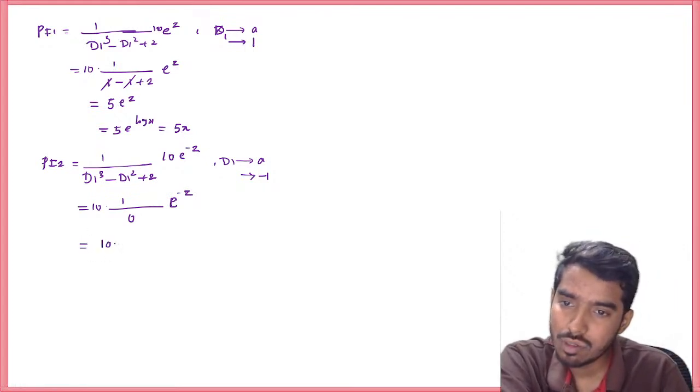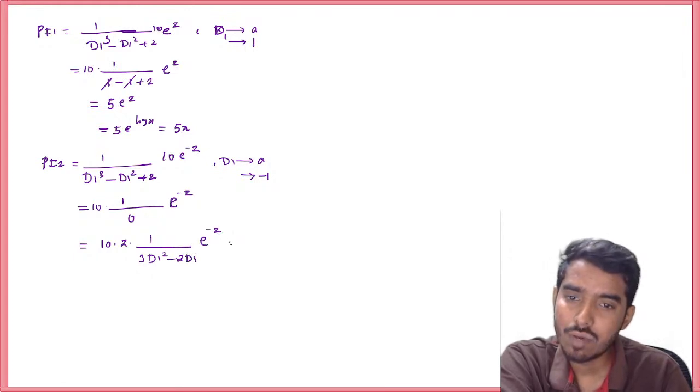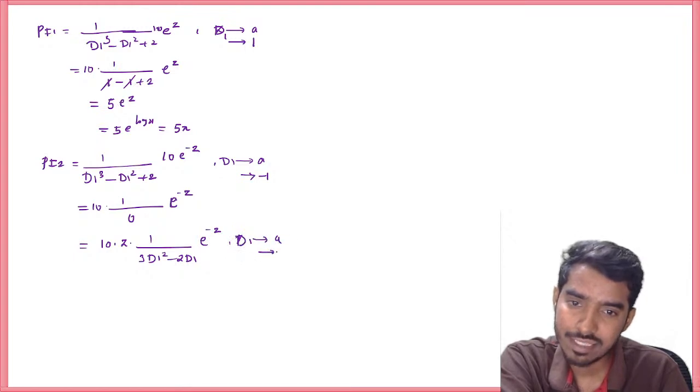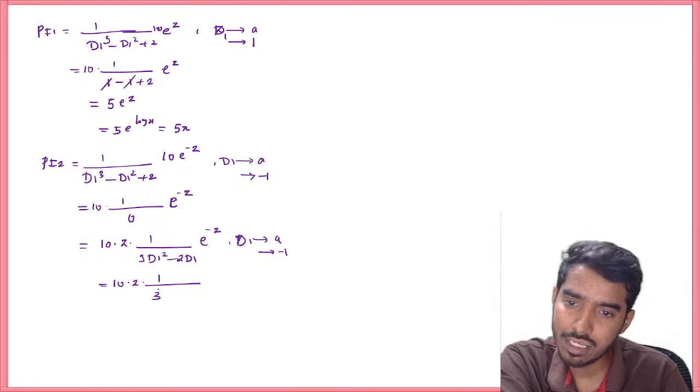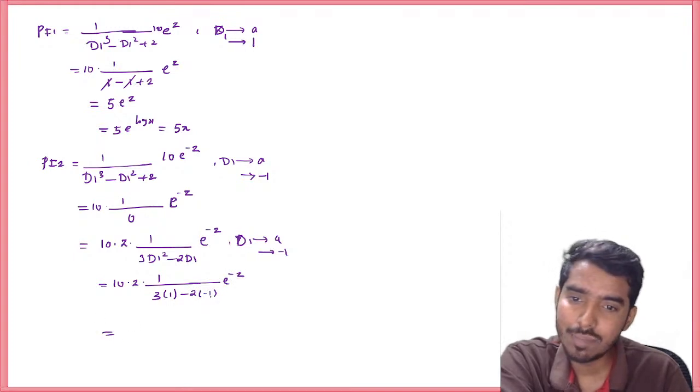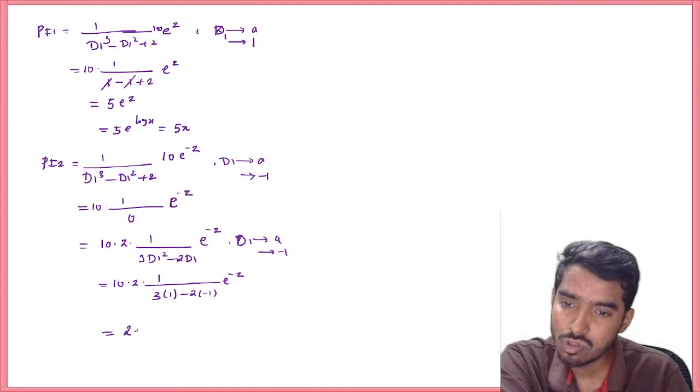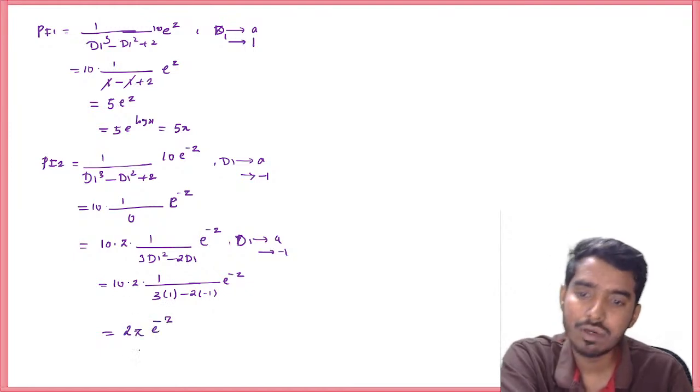So what you have to do, multiply by z, differentiate the denominator, so 3D1 square minus 2D1, e power minus z. Now again you replace D1 by a, which is minus 1, so you will have 10z into 1 divided by 3 into minus 1 square, which is plus 3, minus 2 into minus 1, e power minus z. So 3 plus 2 is 5. 10 by 5 is 2. So we will have 2z e power minus z.